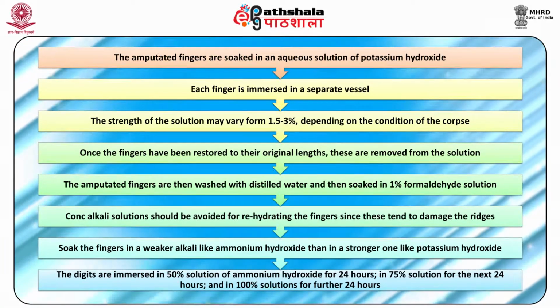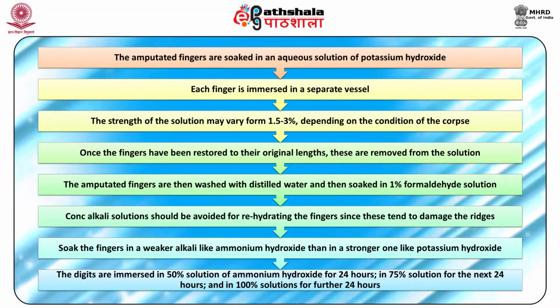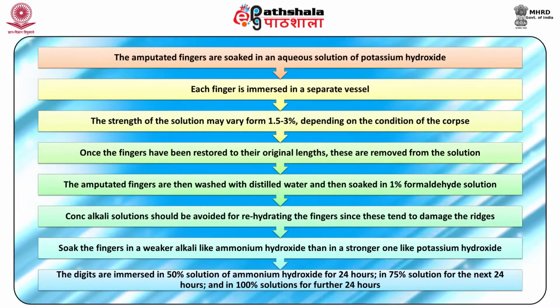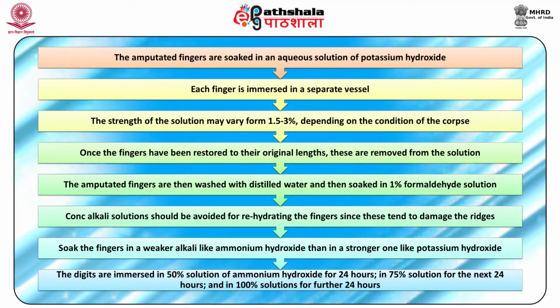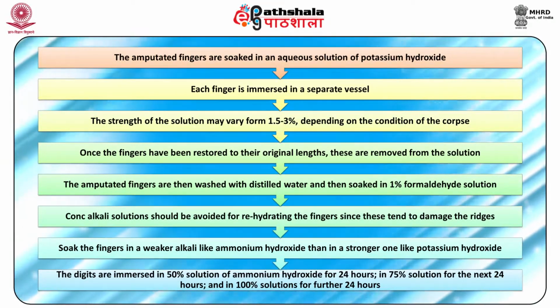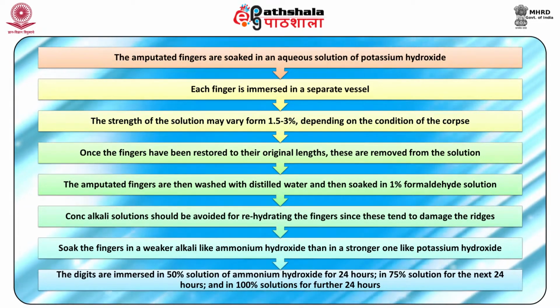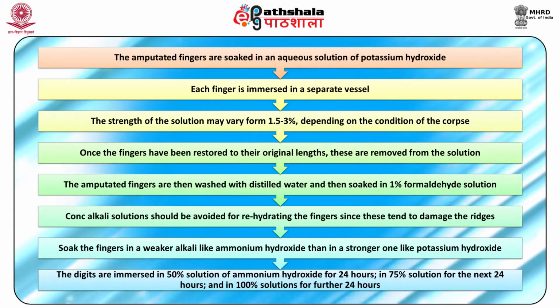The strength of the solution may vary from 1.5 to 3% depending on the condition of the corpse. Once the fingers have been restored to their original lengths, these are removed from the solution. This may take 4 to 10 hours.